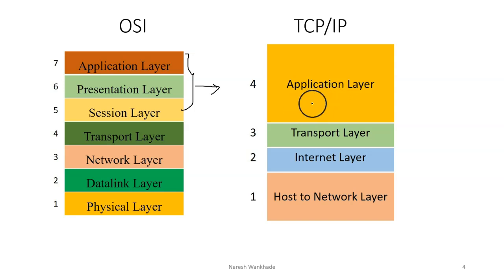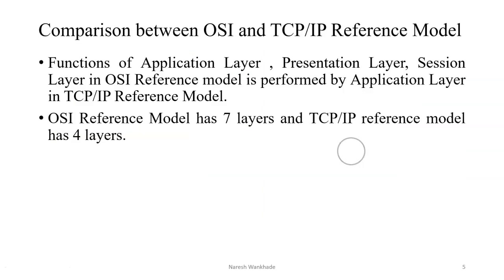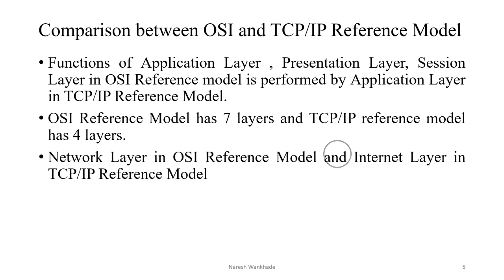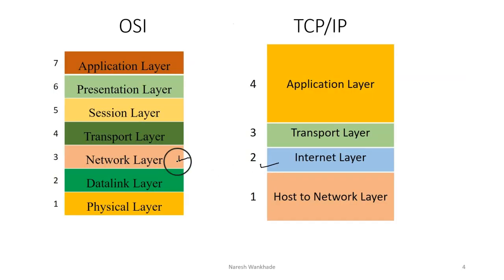Then there is a transport layer in both the models. So there is network layer in OSI reference model, and here in TCP/IP reference model there is internet layer. Means function of network layer in OSI reference model is performed by internet layer in TCP/IP reference model.